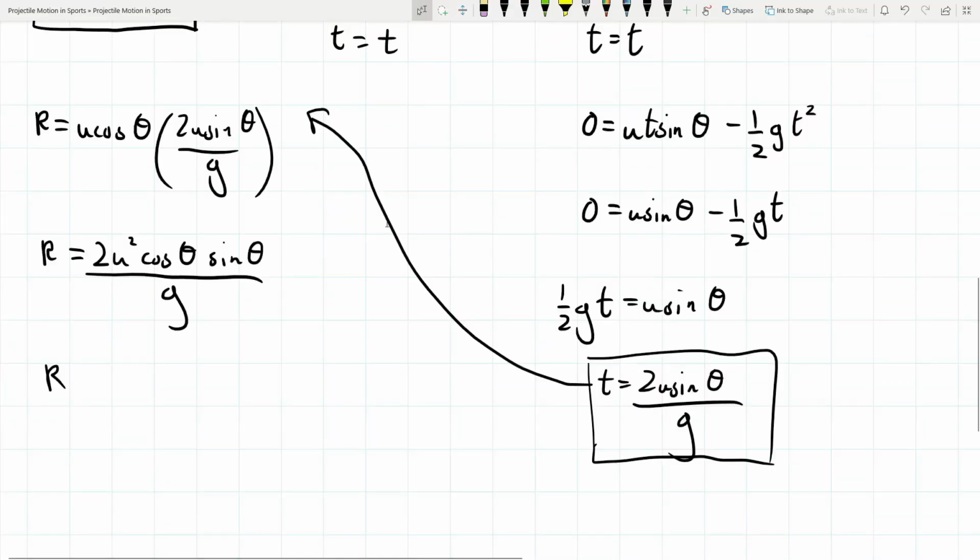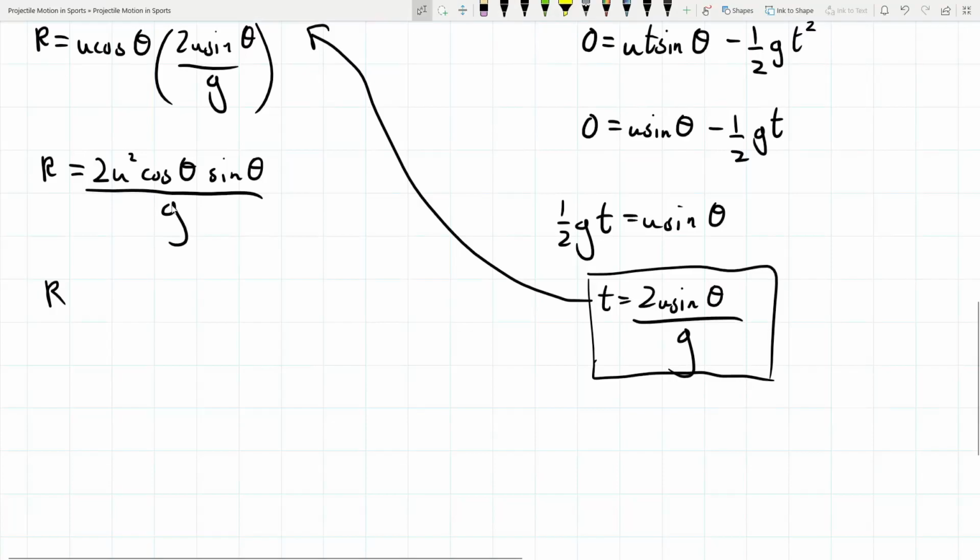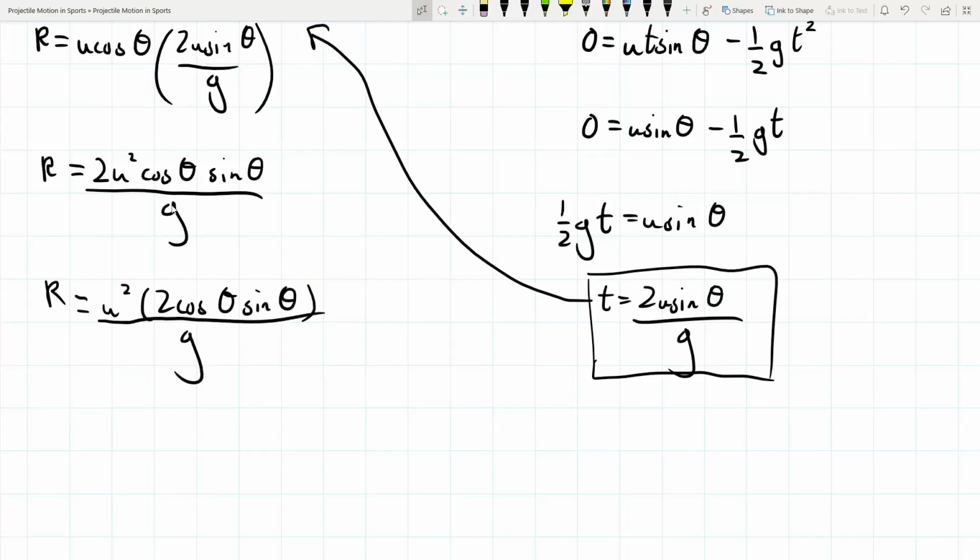Right. So eventually we are going to want to solve for this angle, so it would be a lot easier if instead of having cos theta and sin theta, we could just have one angle, or one trigonometric function. So if we rewrite this as u squared multiplied by 2 cos theta sin theta over g, well, one of the trigonometric identities is that 2 cos theta sin theta is the same as sin of 2 theta.